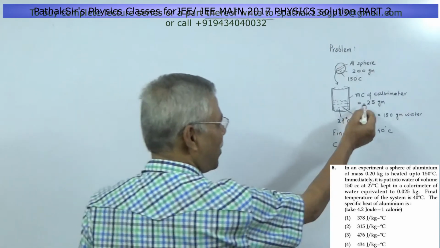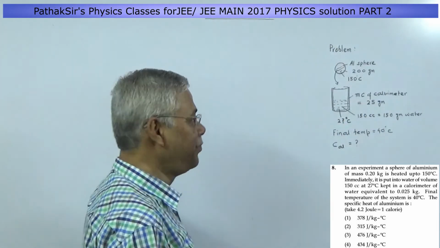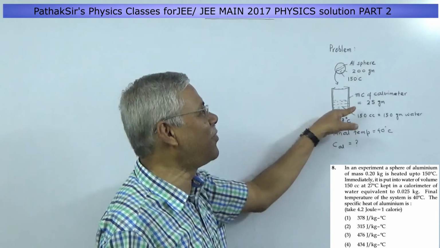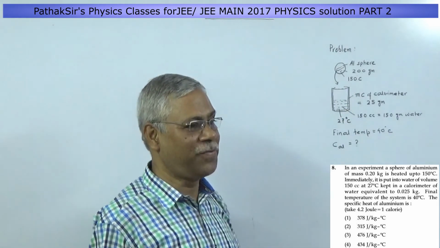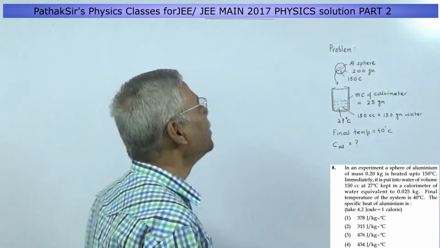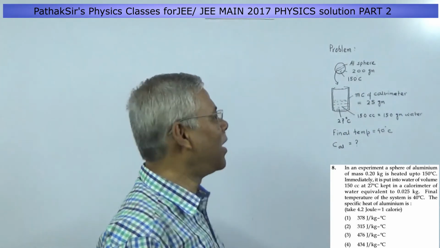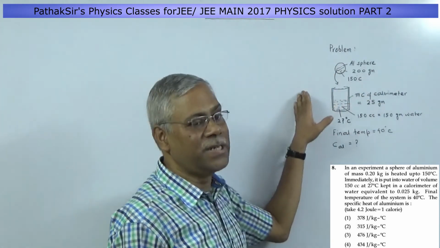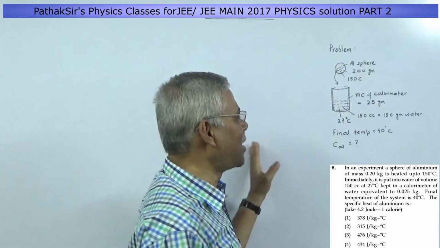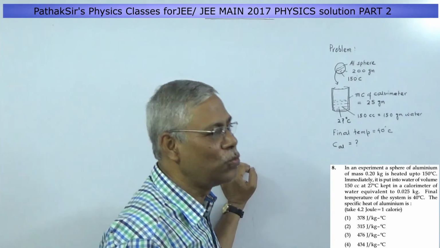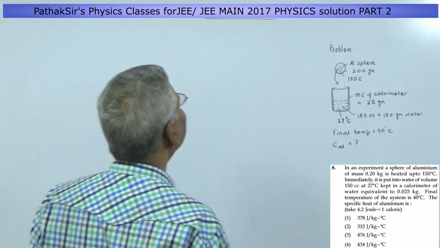So 0.025 kg means 25 gram. That means M into C of the calorimeter is 25 gram. In order to use this fact, we use CGS to solve the problem. We'll get our answer in calorie and we'll convert that into joule per kg degree centigrade.